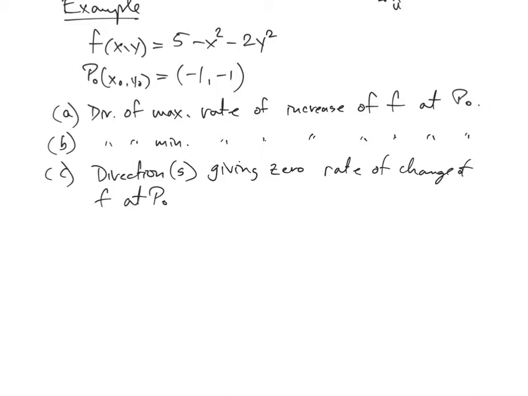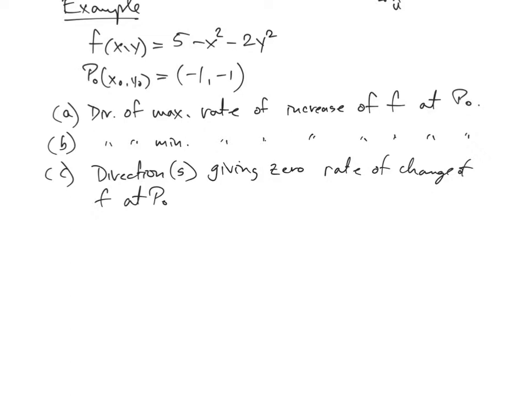Okay, well, it's not crucial, but it always helps to try to imagine what the function looks like. What does that thing look like? Well, you see x squared and y squared, so right away you start thinking circle, right?